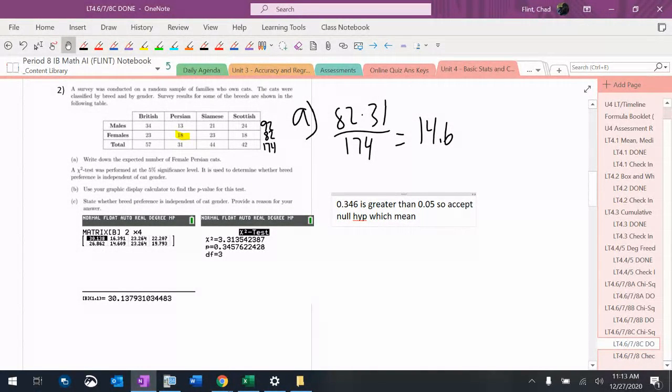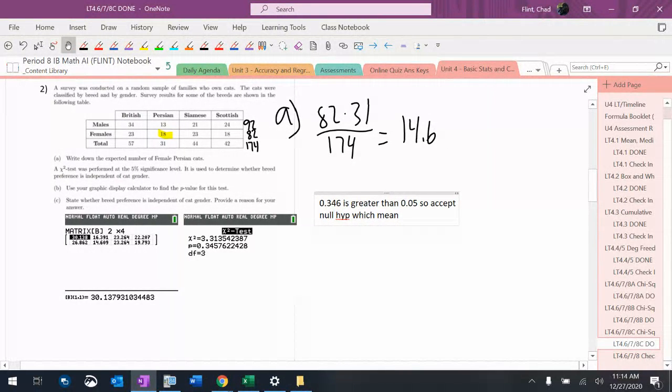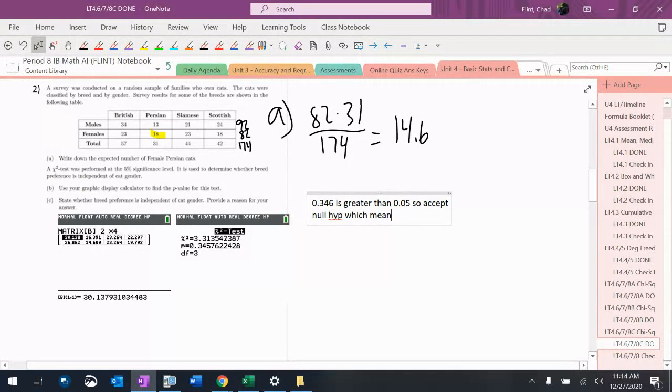Type of cat owned by breed and gender. So type of cat owned and gender are independent.